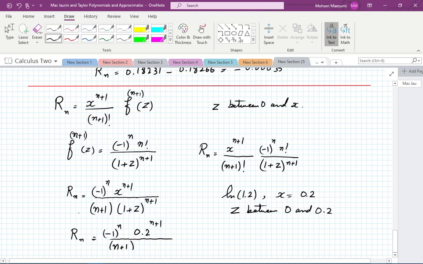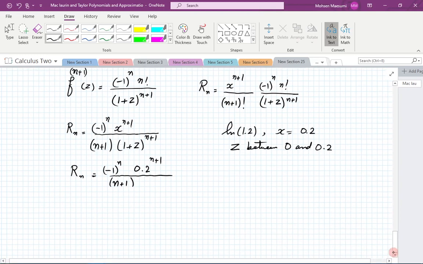I want my Rn to be less than 10 to the power of minus 5. So to err on the conservative side, I'm going to use 1 here. I want Rn in absolute value to be less than 10 to the power of minus 5.